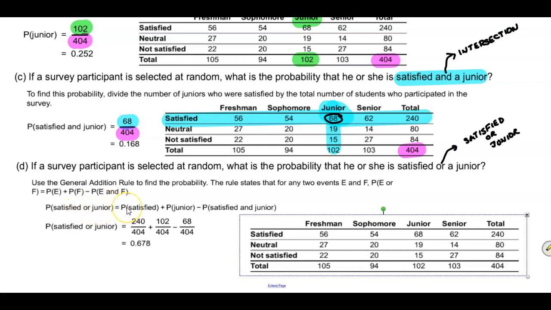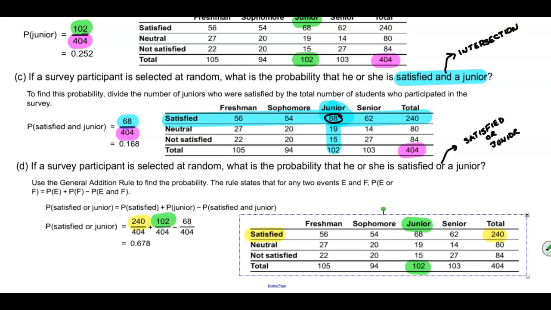So what is the probability that they are satisfied? Well, the total number that's satisfied is 240. And then we're going to add the probability of how many are juniors, so that means that we have a total of 102.